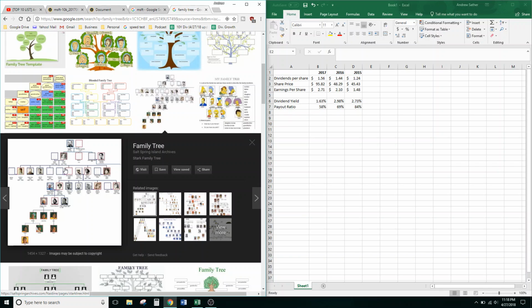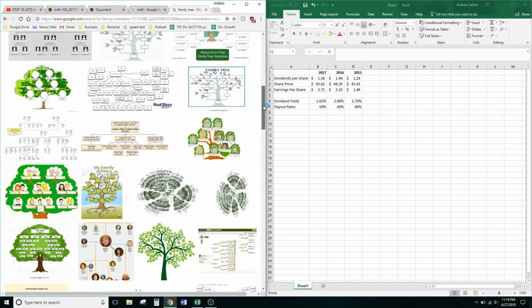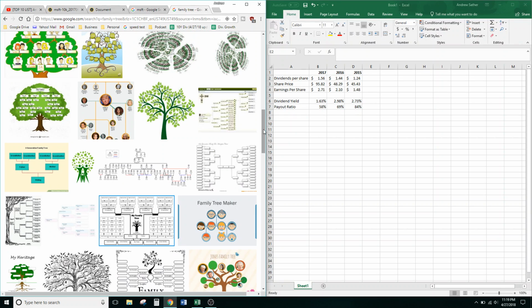But as the years go on, imagine this branched out like a regular family tree, and by the time you get down to the 5th generation, you have a multiplier effect like crazy. And that's how dividend reinvestment works.